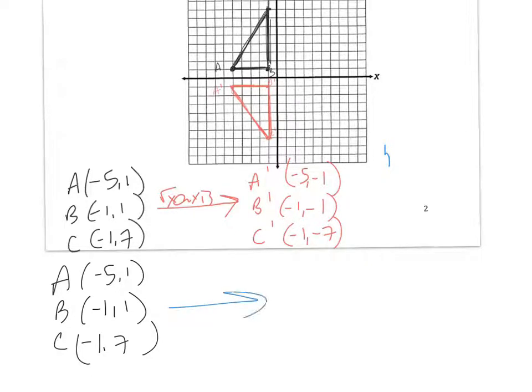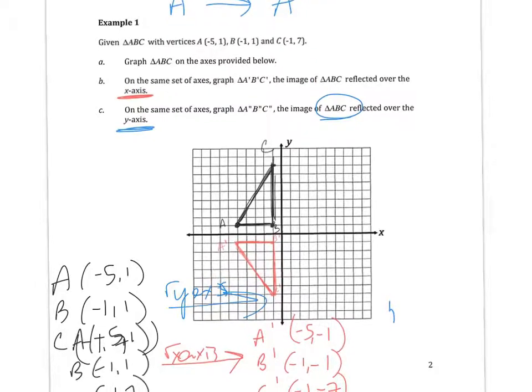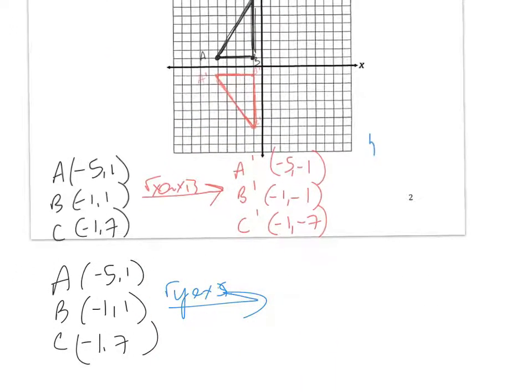I'm going to draw a blue arrow, in this case, a reflection over the y-axis. And in this case, it's going to go to A double prime, B double prime, C double prime. And remember, the rule to go over the y-axis was simply to negate the x. So this is going to become (5, 1), (1, 1), and (1, 7).